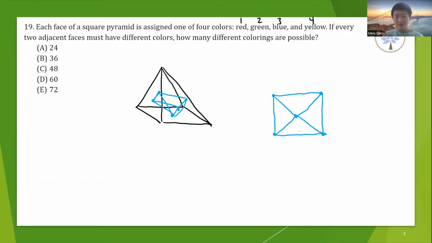All right, so we've basically restated this problem, and now we want to assign colors to these 5 vertices, or these 5 faces in the original problem, so that each 2 dots connected by a line have different colors. So I guess this would be an easier way to visualize this problem.